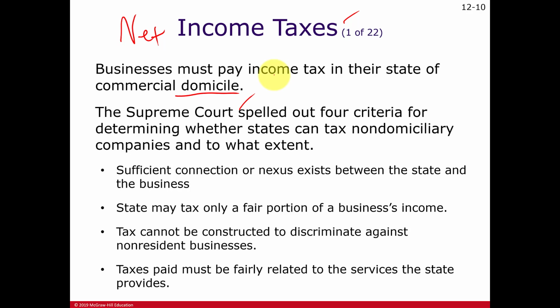So let's take a look at what factors are used to determine if you have nexus right now. Again, nexus still has to be a fair amount being taxed and not just administratively dictated by the state. It usually has to go through their legislature and it has to be fair, in this case not discriminating against non-resident corporations versus the corporations that are domiciled in their state.